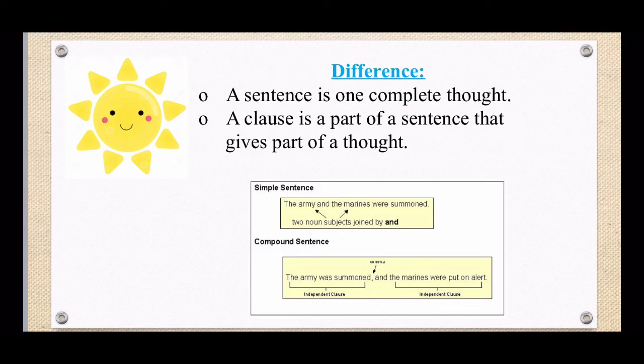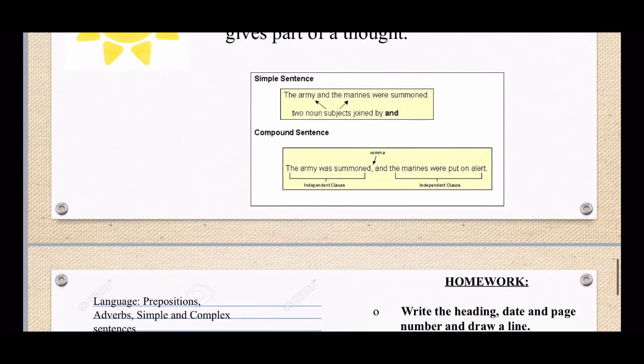And they are the subjects, the two noun subjects. Then we have a compound sentence, right? So the army was summoned and the marines were put on alert. So we have the main clause and also a subordinate clause, right? And it's separated by a comma.